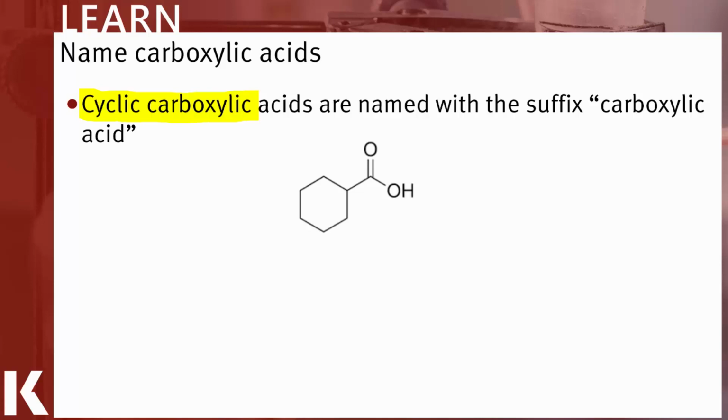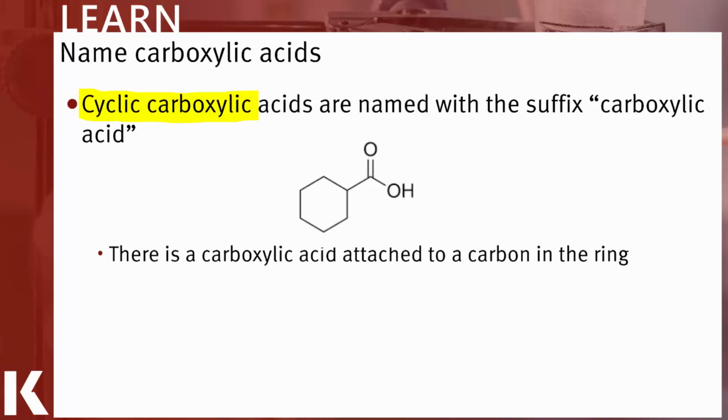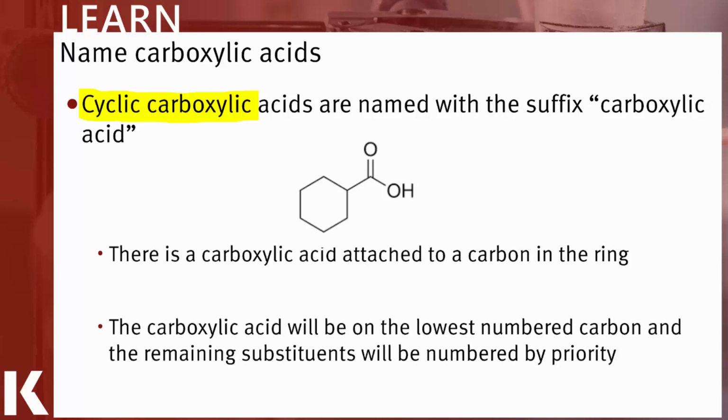So this would be cyclohexane carboxylic acid. Again, remembering that we start numbering an organic molecule at the most oxidized carbon, the carbon that is bearing that carboxy group would be the lowest number in the molecule.